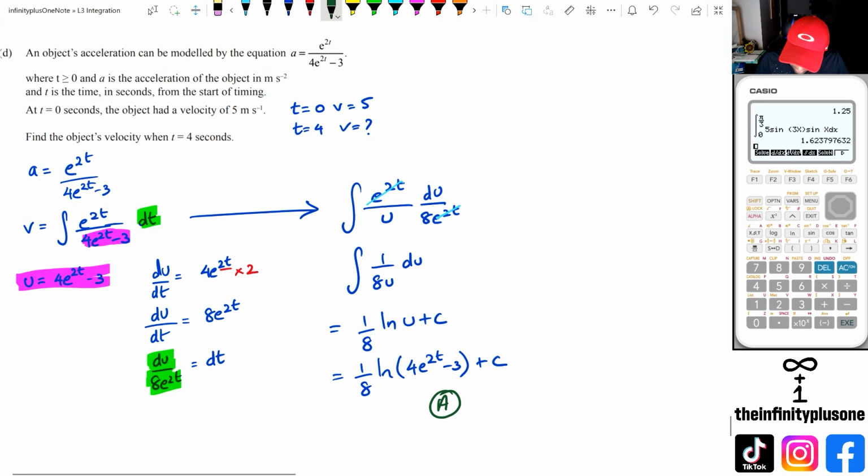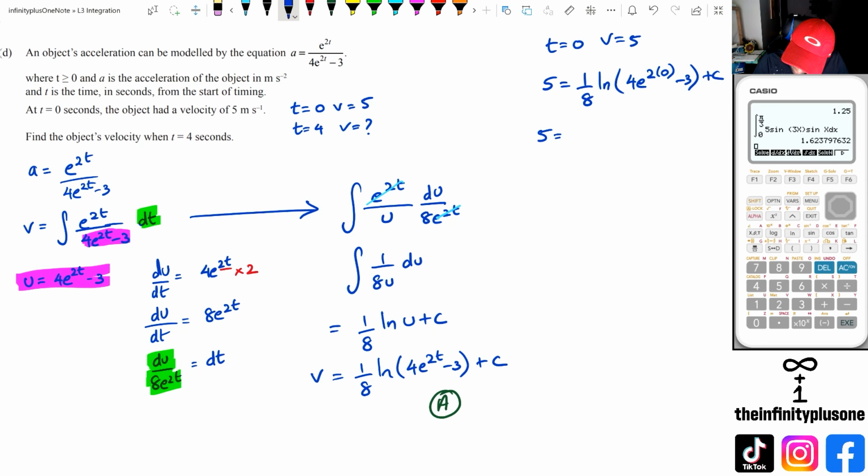Now we need to figure out what the c value is. So to figure out what the c value is, we've got t equals 0, v is equal to 5. So remember, this is the velocity function. So 5 equals 1 over 8 ln of 4e^(2 times 0) minus 3 plus c.